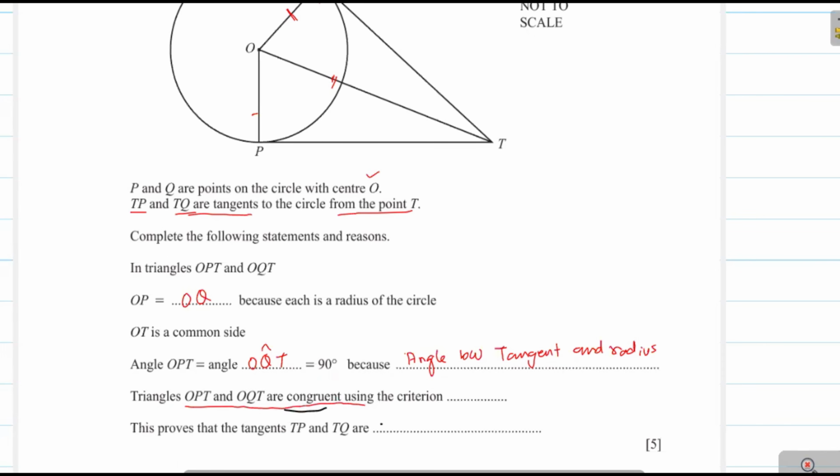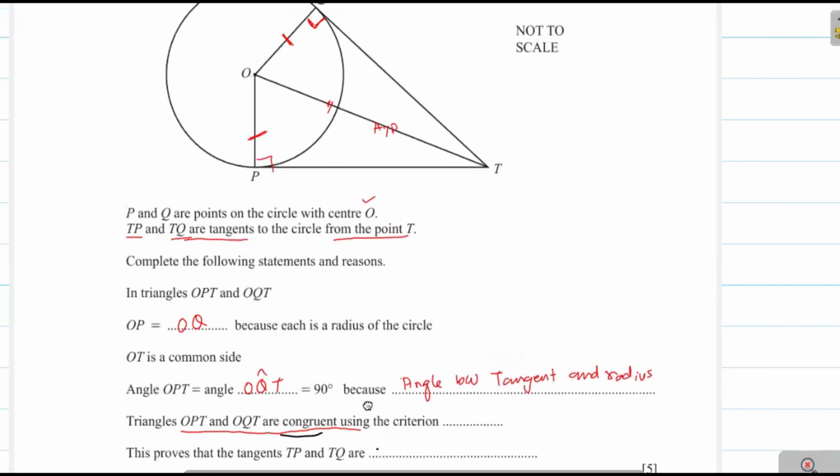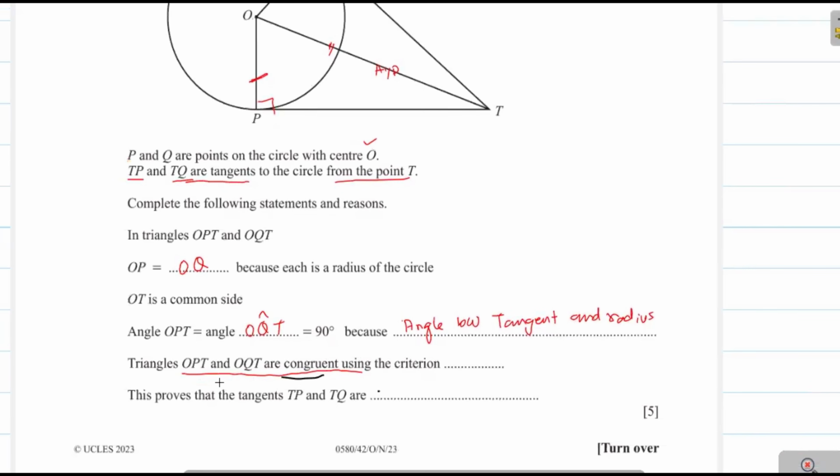You see here in these triangles, the sides OQ equal to OP, angle OQT is equal to OPT, these are right angles, and OT is the hypotenuse, that is common. Therefore the property for congruent triangles is RHS, the right angle and hypotenuse sides. By this property these two triangles will be congruent.